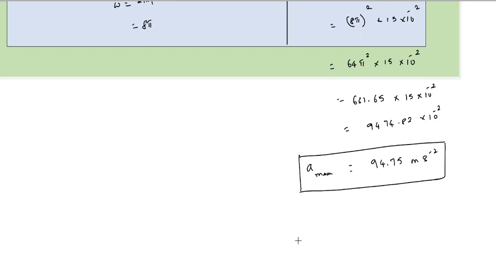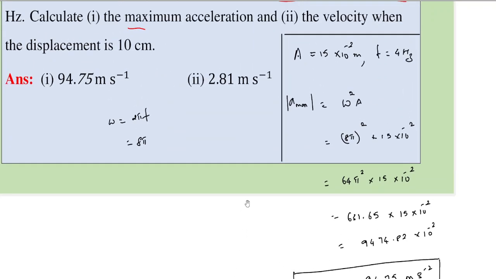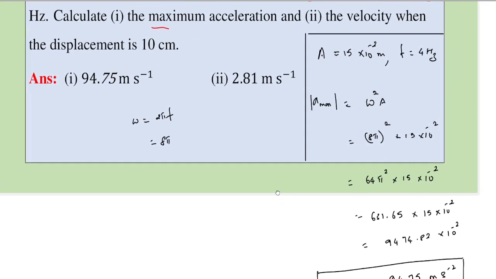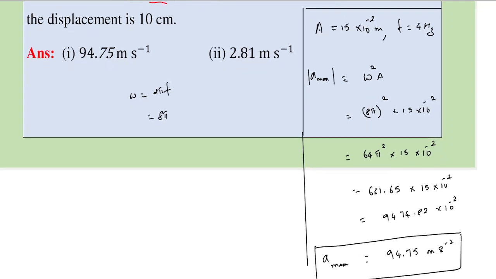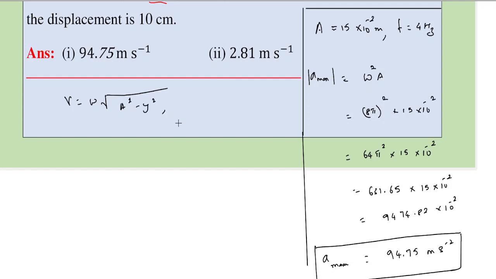The second part says find the velocity when the displacement is 10 centimeter. We know the velocity at any point is given as omega into under root of a square minus y square.